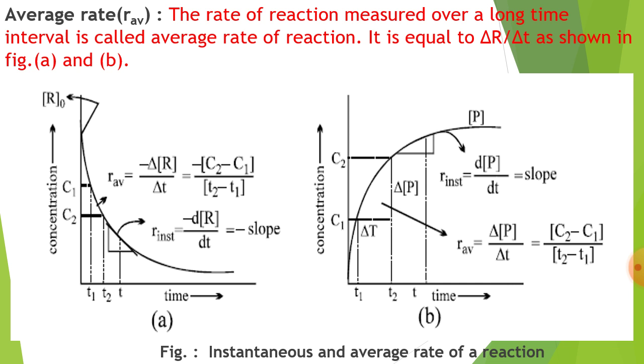So delta P divided by delta T is equal to C2 minus C1, again final minus initial, divided by t2 minus t1. Similarly, at any instant of time, again draw a tangent and find the slope. So R instantaneous equals small dP divided by dt. This will give the positive slope. So this graph is also important to you.